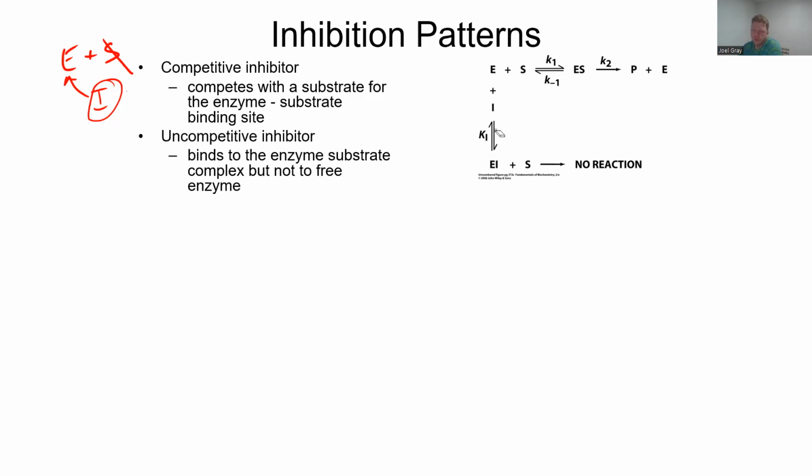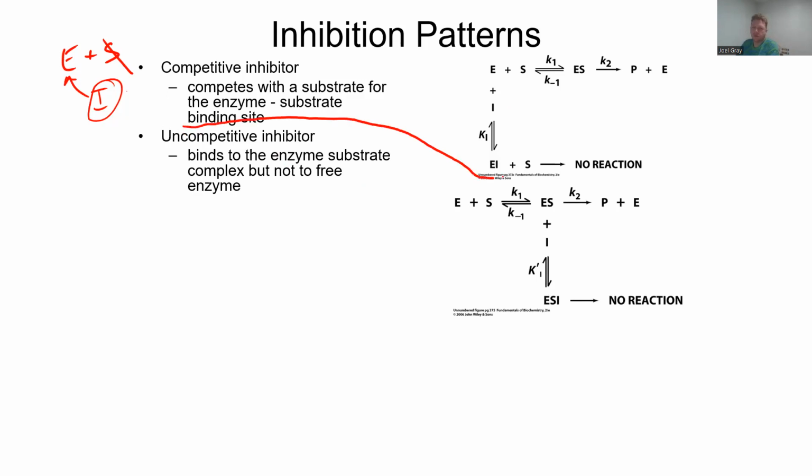Another type of inhibitor is an uncompetitive inhibitor. Let me go ahead and draw these lines to break things off a little bit. There we go. An uncompetitive inhibitor binds to the enzyme substrate complex. So in this case, we have that ES complex that results from our enzyme and our substrate.